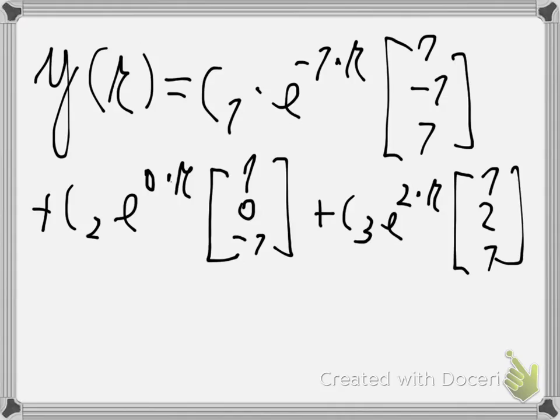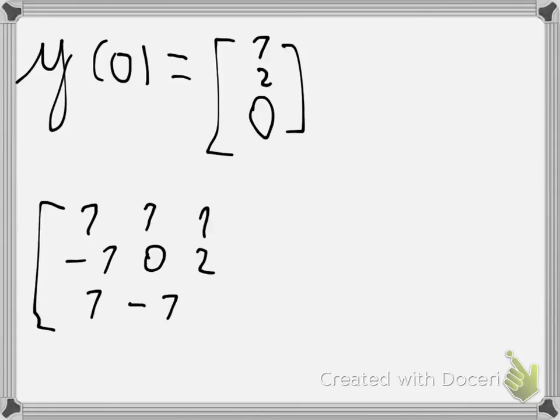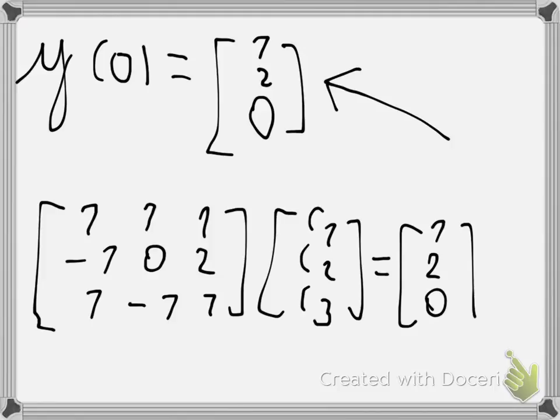You take your eigenvectors, 1, negative 1, 1, 1, 0, negative 1, and 1, 2, 1. If you multiply it by C1, C2, and C3, it should be equal to the initial condition, 1, 2, 0.